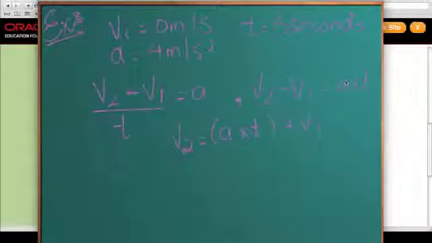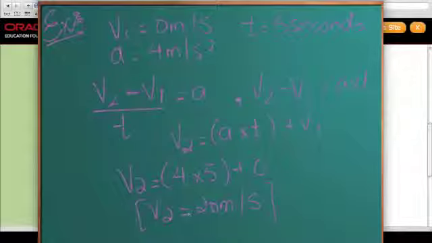So v2 equals, now substitute the values, 4 times 5 plus v1, which is 0. So v2 is 20 meters per second.